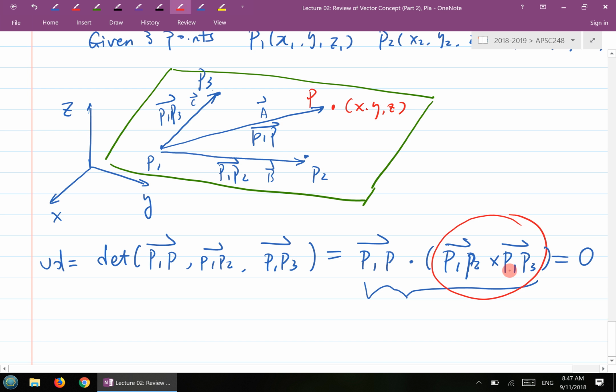This is a cross product. Basically, what does that give you? By the definition of the cross product, it gives you a vector which is perpendicular to the plane. So I'm going to call this n here.